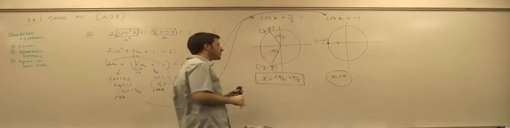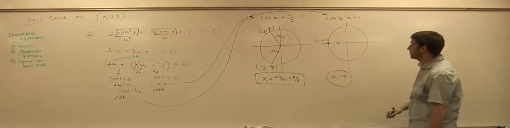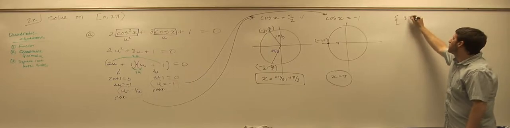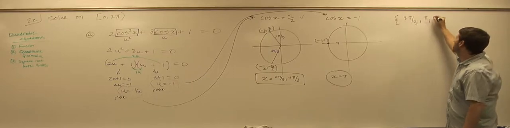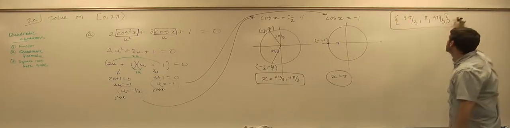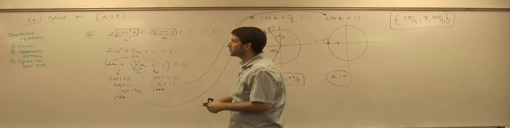So these are my three solutions. 2 pi over 3, 4 pi over 3, and pi. If you wanted to be super fancy, you could write 2 pi over 3, pi, 4 pi over 3. Those are your solutions. But you do need all three of them. So either you put it in a set or you circle all three. You need to get to all three of those solutions.